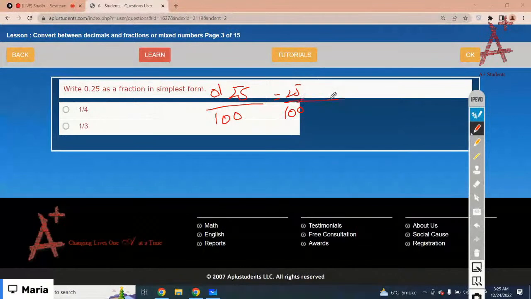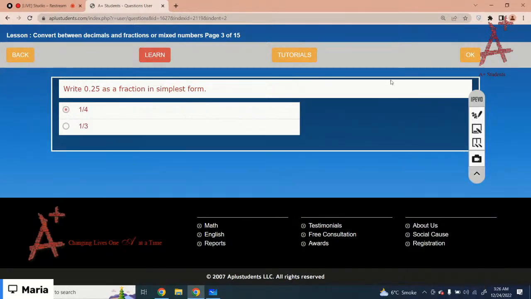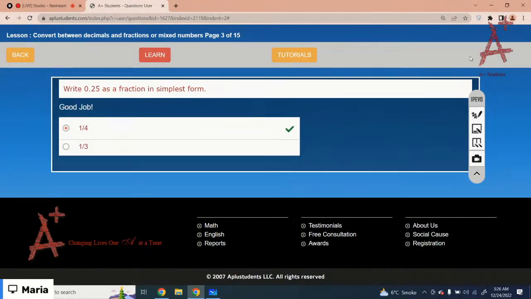You can divide them by a common number, which is 25. 25 divided by 25 is 1 and 100 divided by 25 is 4. So the simplest form is 1 over 4, and that is the correct option. Just select the correct option, then click on the OK button.